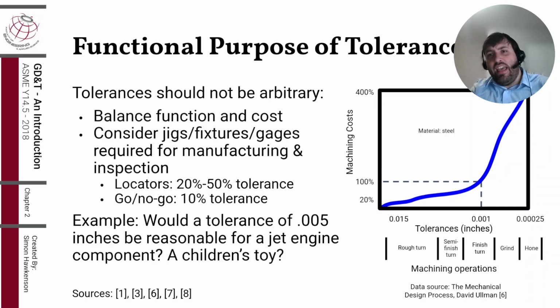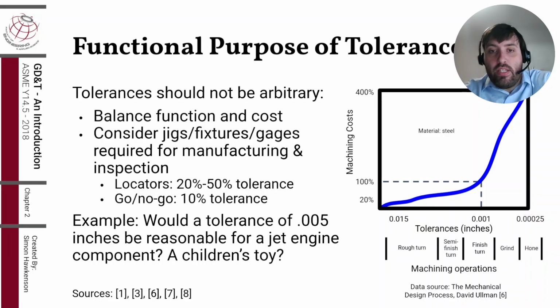It's exposed to high stresses and high forces, and it's a safety critical component. But for a children's toy, well, you certainly don't need such tight tolerances, and you wouldn't even need to inspect a toy with a gauge really either. These factors all have to be taken into consideration.